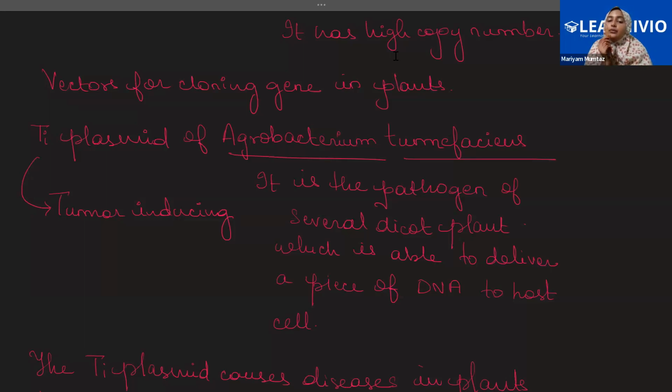So, since we humans are so intelligent, we can use this particular plasmid of the bacterium to deliver the gene of interest to the plant cell. You have to understand one basic thing: no matter what the plasmid is, the only thing that matters is that the property they have is the same, meaning their property is to go inside the host and divide.